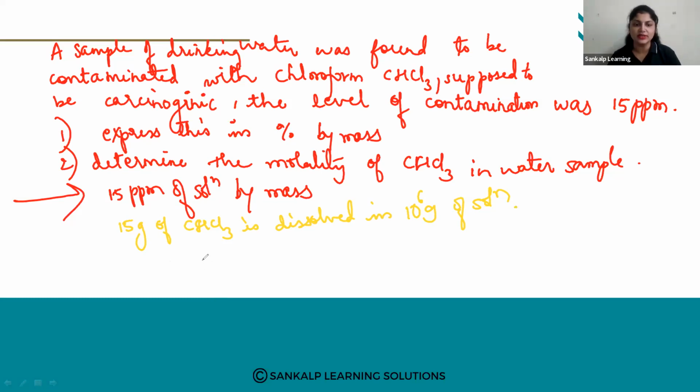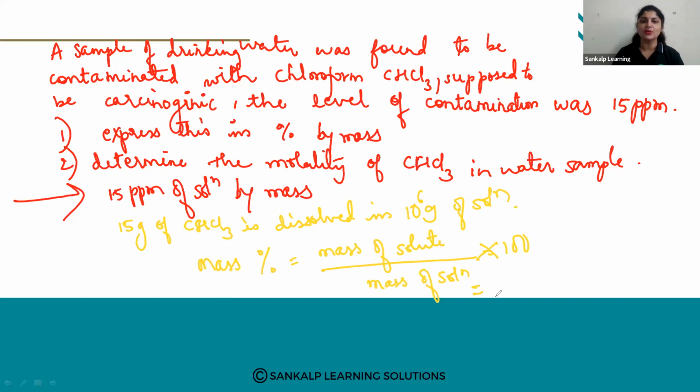Now mass percent. How do you calculate mass percent? Mass percent is mass of solute divided by mass of solution, into 100. Mass of solute is the grams dissolved, which is 15 grams. Mass of solution is 10 raised to 6 grams, into 100. ppm means a small amount of this is dissolved in a large amount of this.